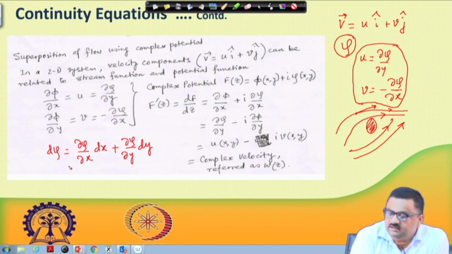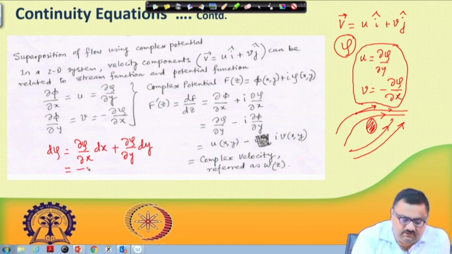What is del psi del x? Del psi del x is equal to minus v, so minus v dx, and del psi del y is equal to u, so plus u dy.